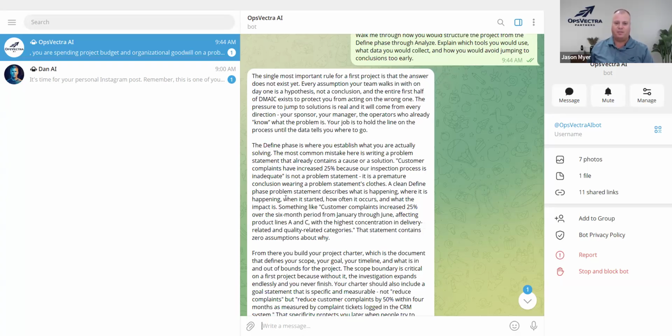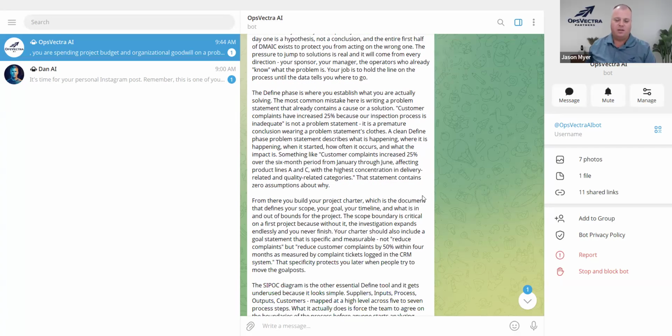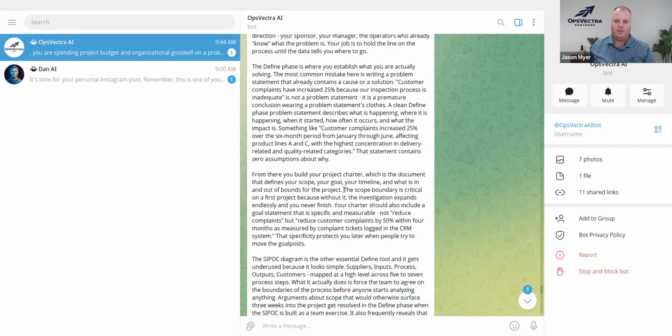A clear define phase problem statement describes what is actually happening, where it's happening, when it started, how often it occurs, and then it gives an example. So it walks you through a problem statement. From there, build your project charter, which is a document that defines your scope boundaries.